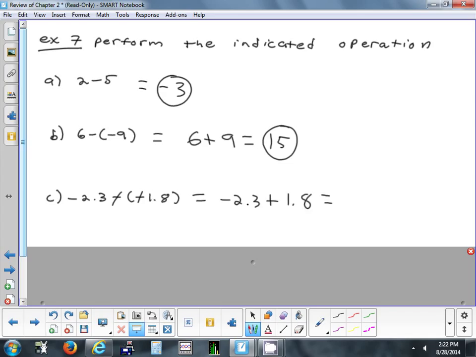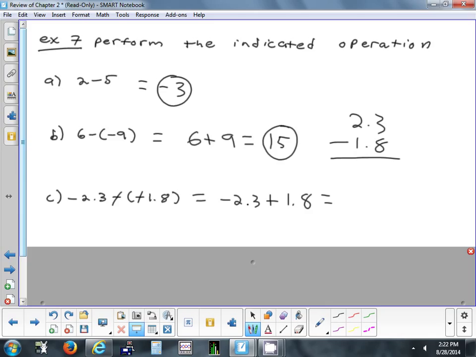So it becomes negative 2.3 plus 1.8, which is how much? Matt? Negative 4.1. Or am I going the wrong way? Remember, when you add numbers with opposite signs, you subtract them, and then you take the sign of the larger number.